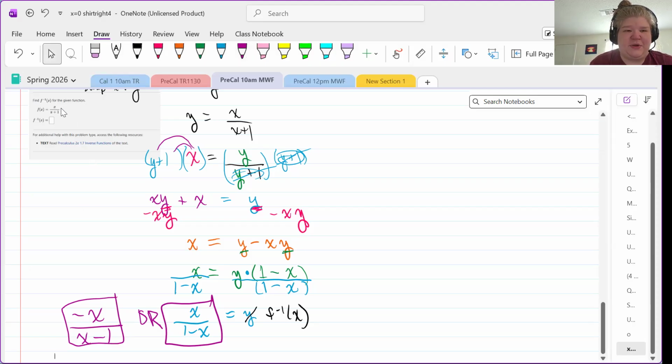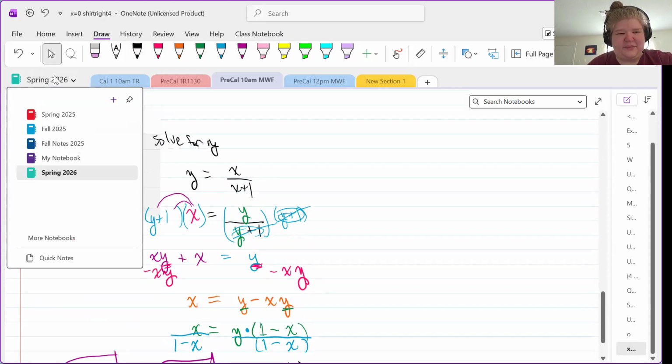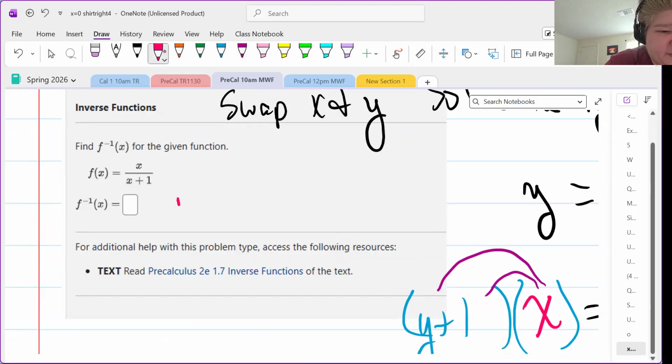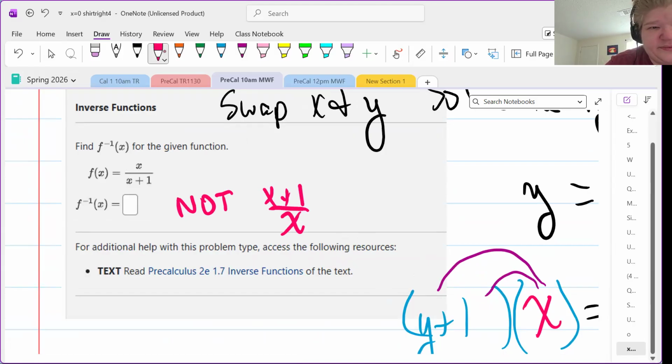The big thing is when we do the inverse, it is not the reciprocal. So when you look at, let me zoom back in on the problem, we have x over x plus 1. The answer is not x plus 1 over x.